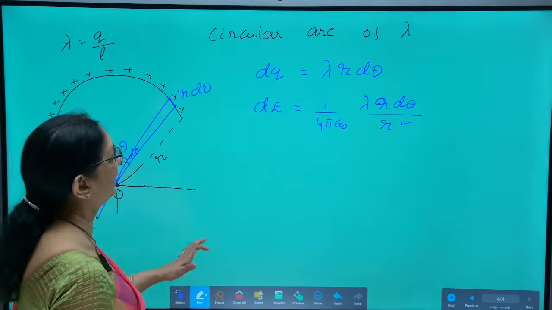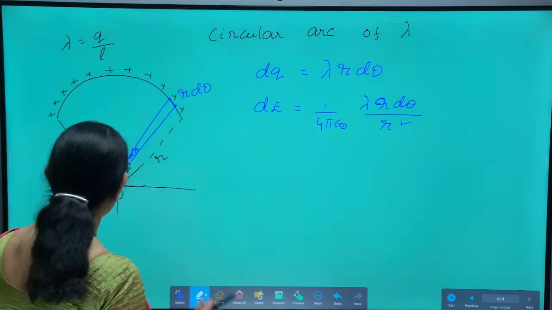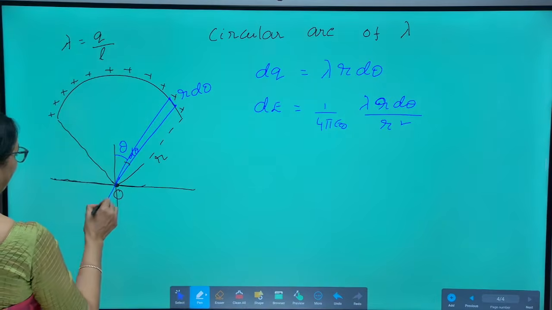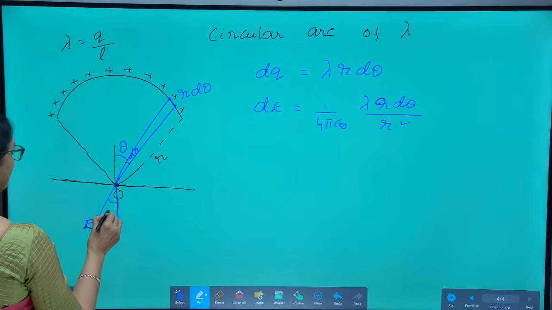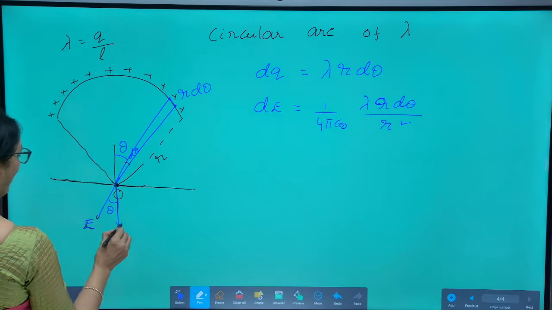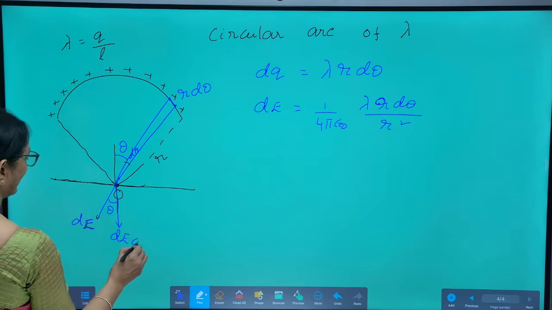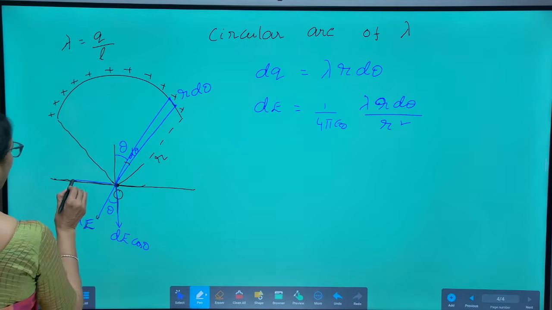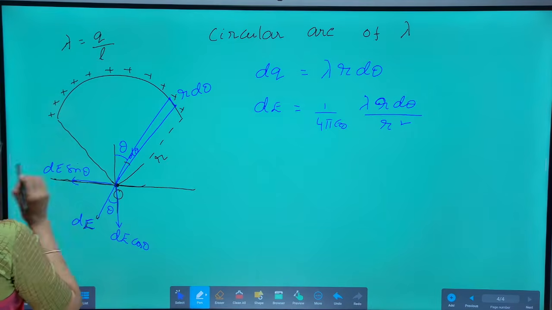Now, if this is theta, this is also theta. Its component along this direction is dE cos theta and its component along this direction is dE sin theta.